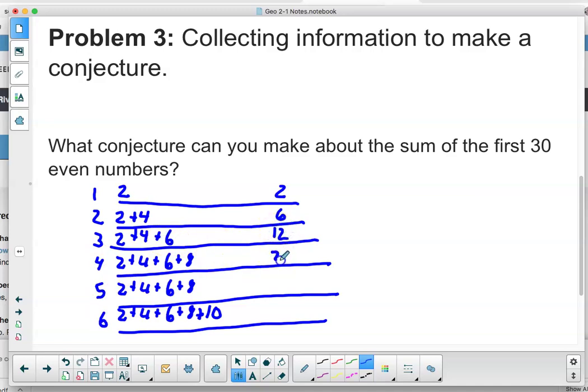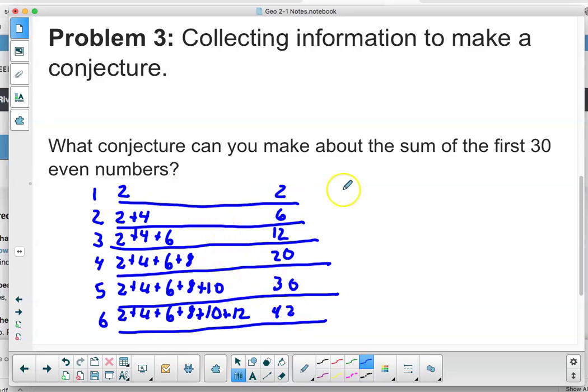And then I'm going to get to 20. 2, 4, 6, 8. I forgot 10 here. And this is 12. So this is 30. And this is 42.